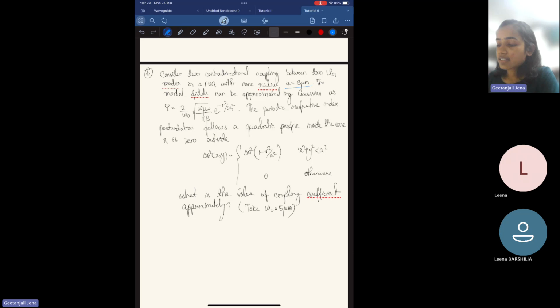The modal fields can be approximated by a Gaussian, psi equals 2 by omega 0 square root of omega mu 0. So this is the expression for the propagating field inside the fiber. And the periodic refractive index perturbation expression is given. Inside the core it is non-zero, and outside the core it is 0. Then what is the value of the coupling coefficient, if it is given that the spot size is 5 micrometer?